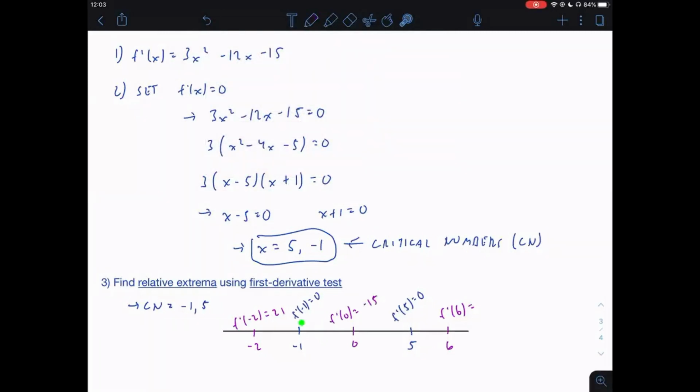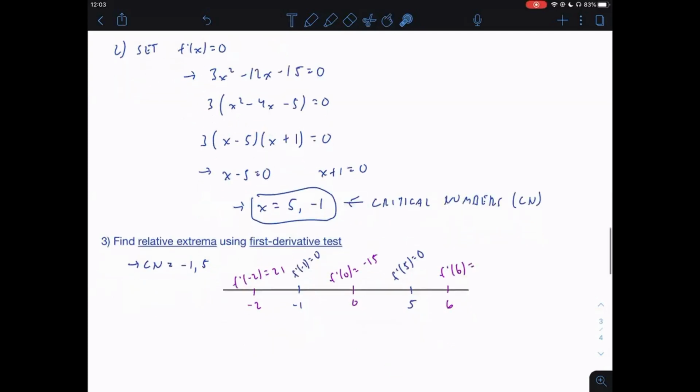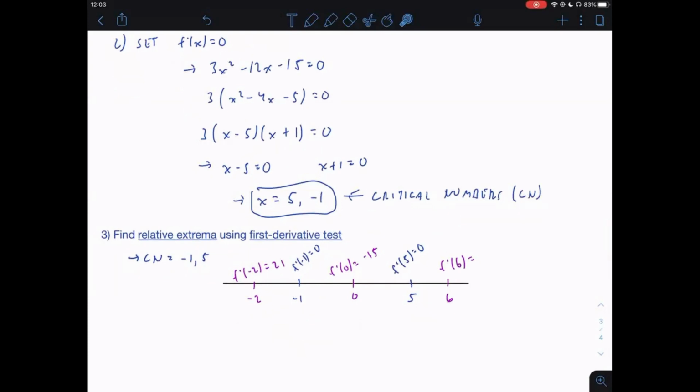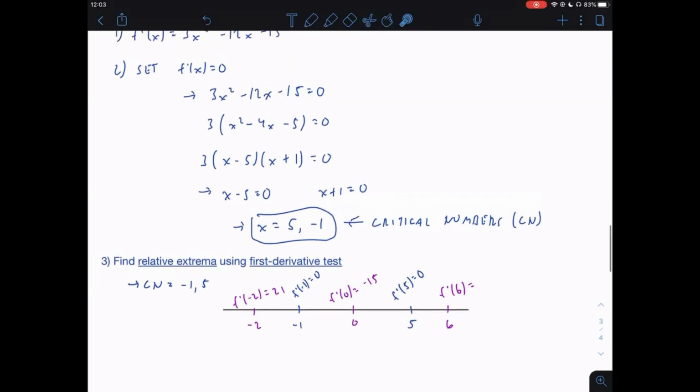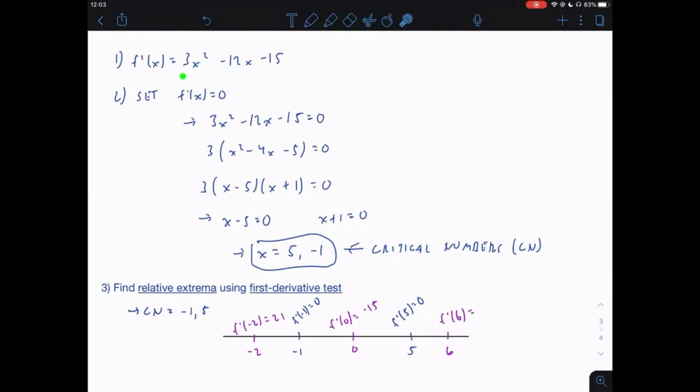Meaning, before that first critical number the slope was positive, then at some point it zeroed out, and then became negative. But then at another point it zeroed out again, and we want to see what happened to the slope after the second time it zeroed out. So we plug in 6 into the first derivative: 3 times 6 squared minus 12 times 6 minus 15. If we evaluate this correctly, it gives us positive 21 as well.